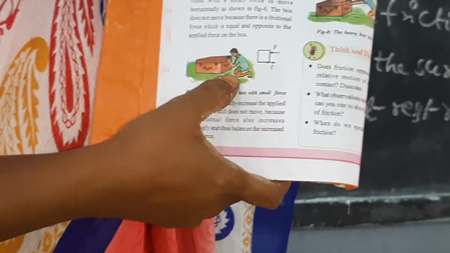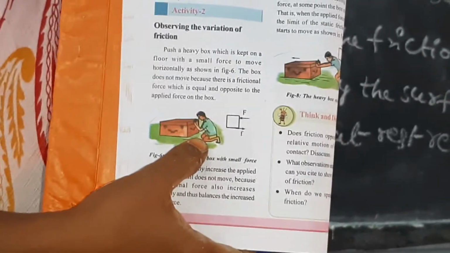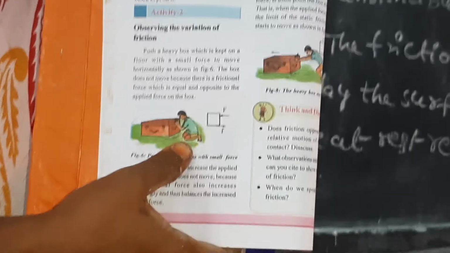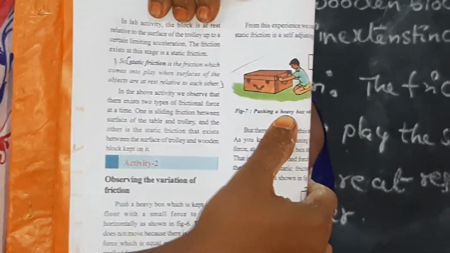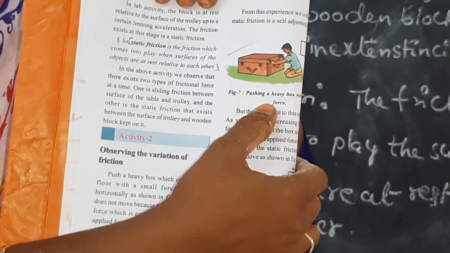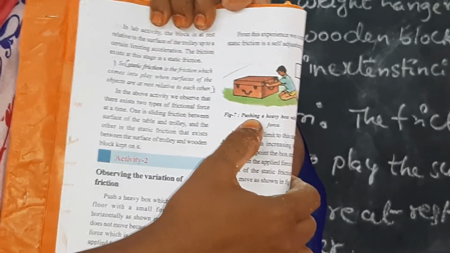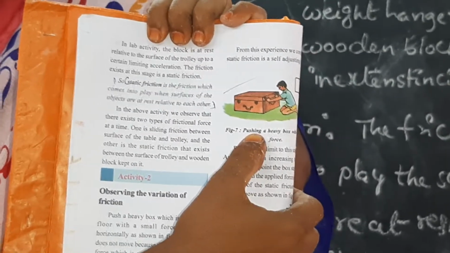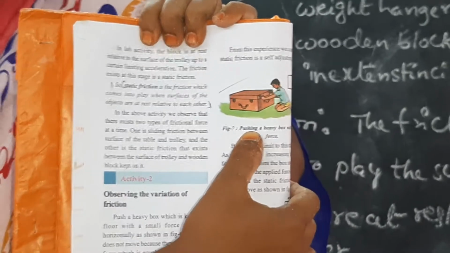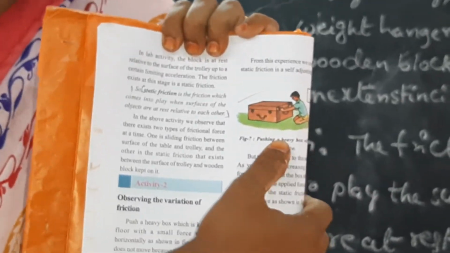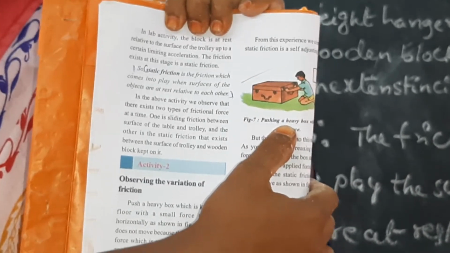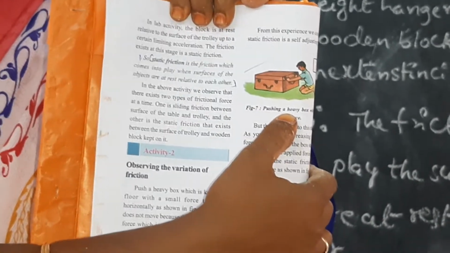So the box does not move. In the second picture, the box also does not move because the frictional force balances the applied force.